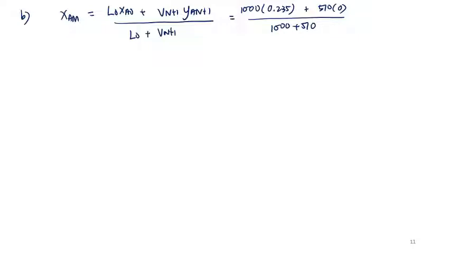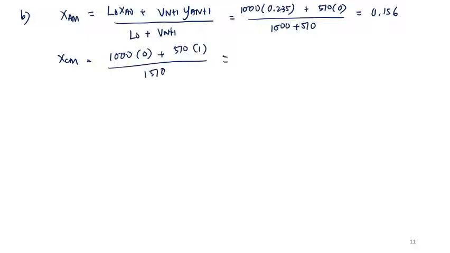You get X_AM equal to 0.156, X_CM equal to 1000 times 0 plus 510 times 1 over 1510 equals 0.337. So this one you can plot on the graph.